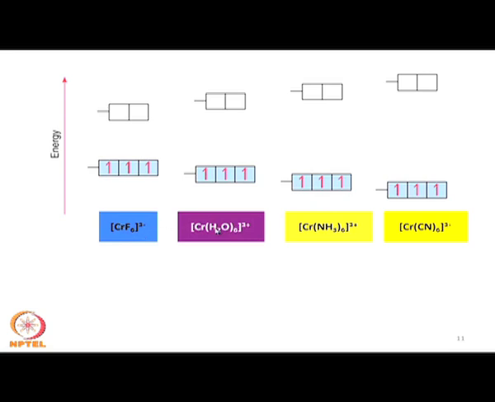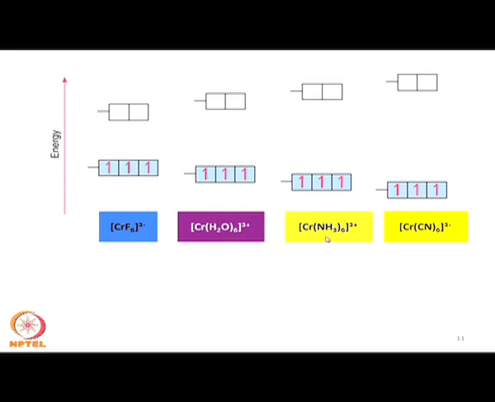Then water is stronger than fluoride and ammonia is further stronger than water, because some of these chromium 3 salts we can make in solution. When the trivalent chromium, the chromic salt, is dissolved in water, we get the corresponding hexa-aquo compound.